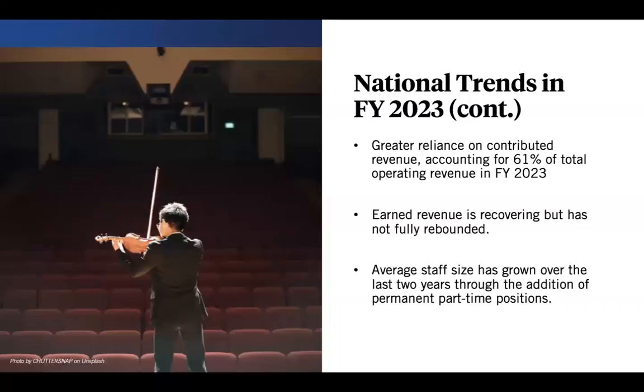Personnel expenses were consistently the largest portion of organizations' expenses, and they played an even larger role post-pandemic, making up 56% of total expenses for fiscal year 2023. And the average staff size had grown from 2022 to 2023 through some additions of permanent part-time positions.